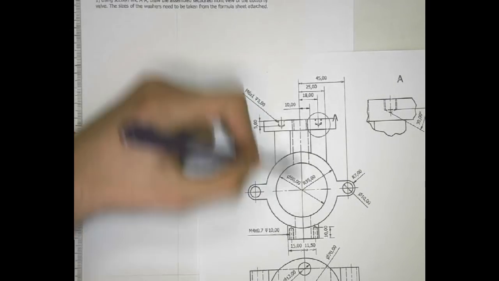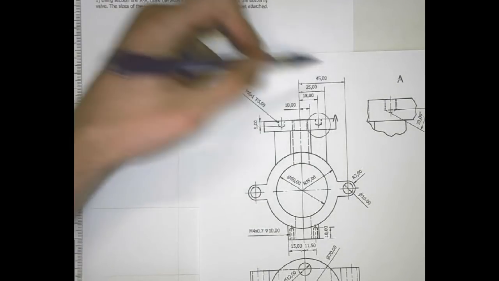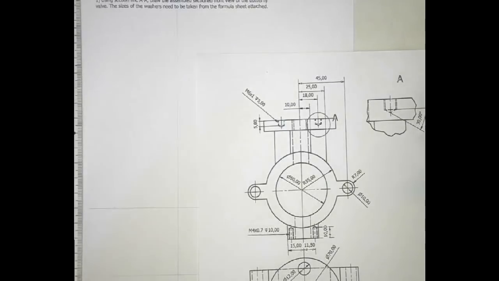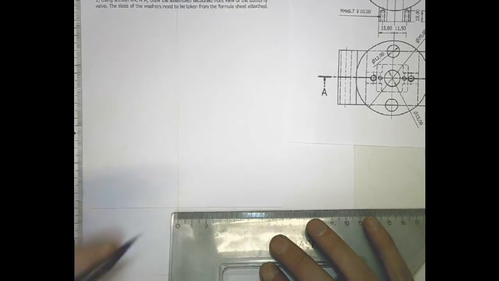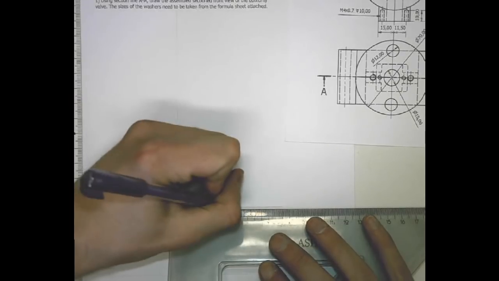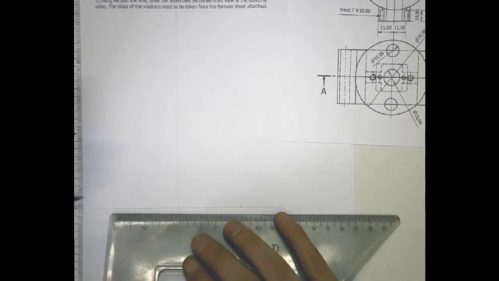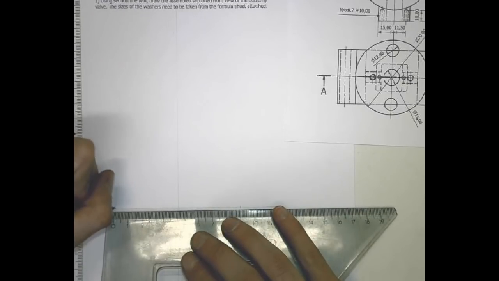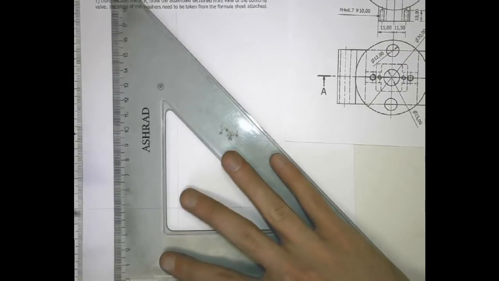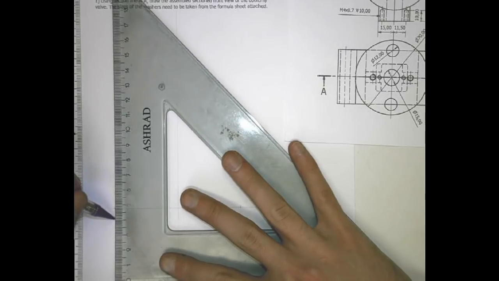We see that the distance from the center line to the center of the circle is 45 millimeters. So we'll measure off and mark 45, and we'll measure off and mark 45. We can then draw those in as light construction lines.